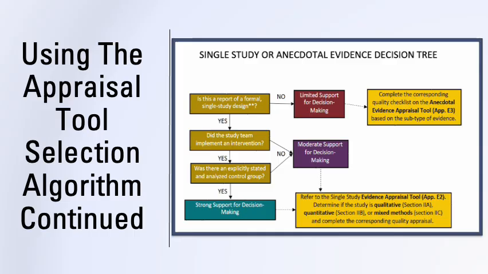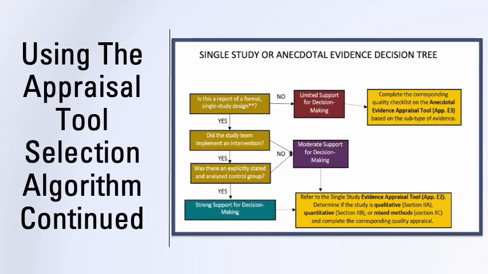If you answer yes, then you must ask yourself, did the study team implement an intervention? If there is no intervention, you have moderate support for decision making and you have a single study. If you answered yes, you must ask yourself, was there an explicitly stated and analyzed control group?